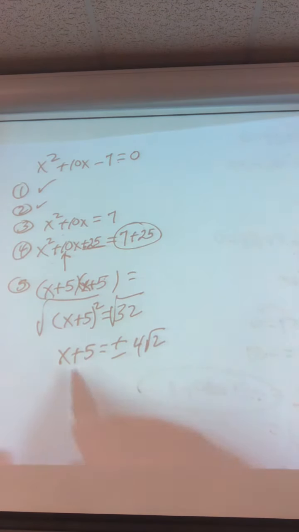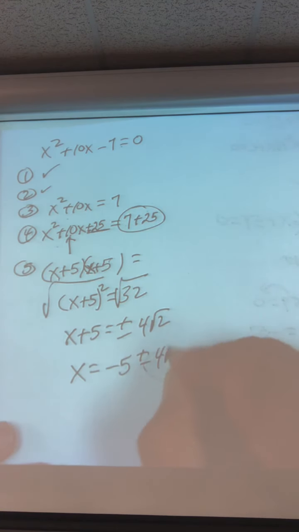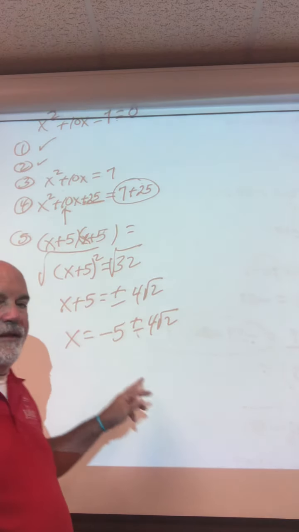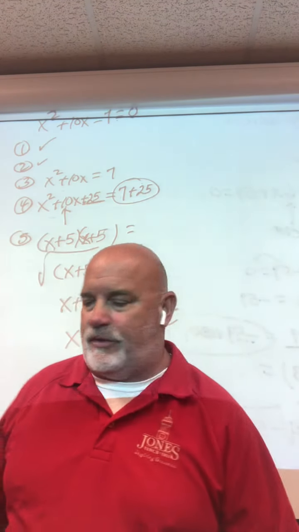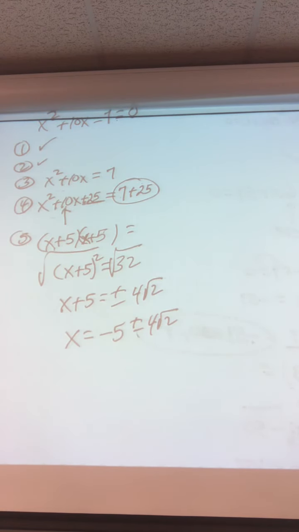And then the last step, subtract 5 from both sides to get negative 5 plus or minus 4 square root of 2. Or if you want to enter it separately, negative 5 plus 4 square root of 2, comma, negative 5 minus 4 square root of 2. Okay, so that's method 3.